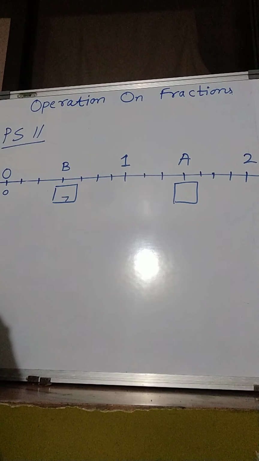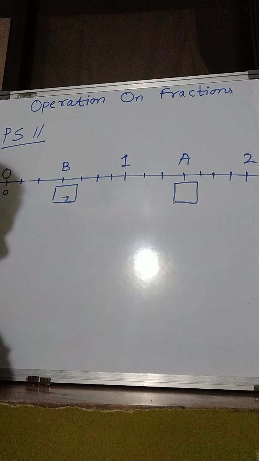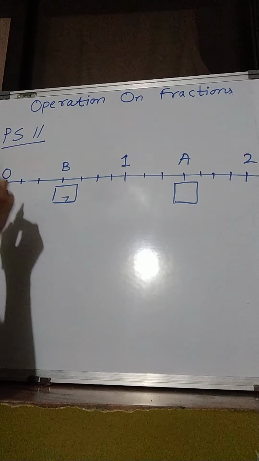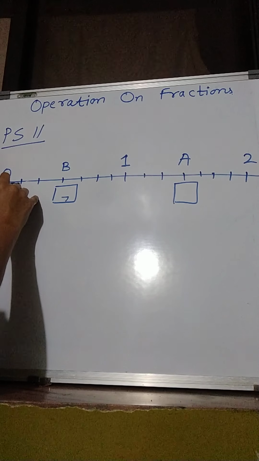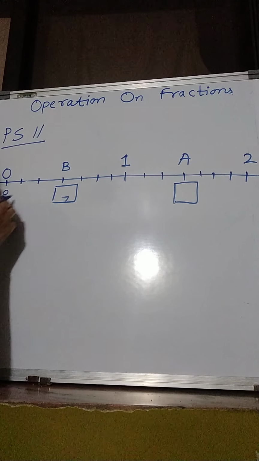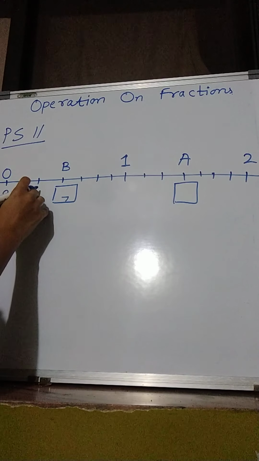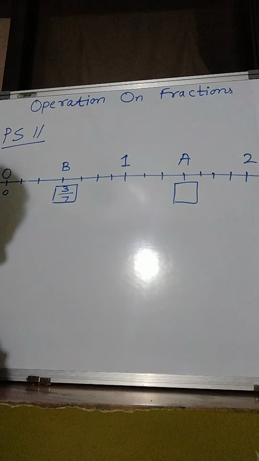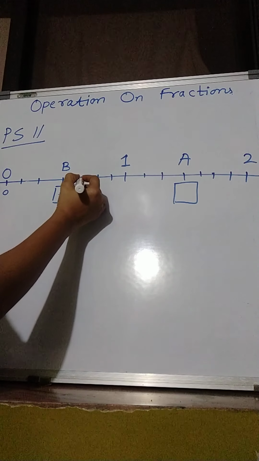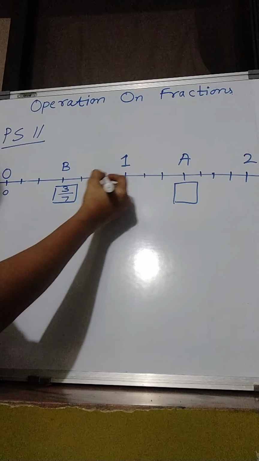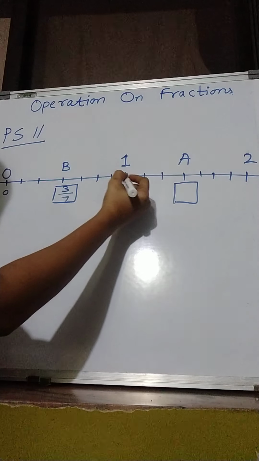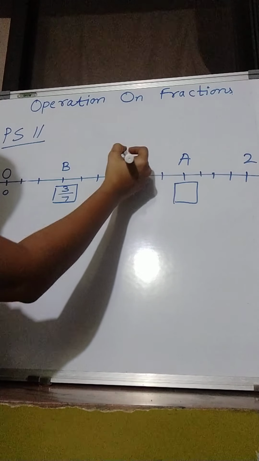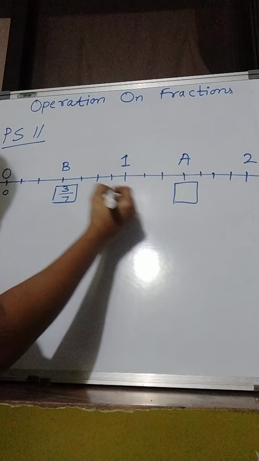Right? And the B letter is on which number? 1, because after 0, 1 is coming. 1, 2 and 3. So your answer is 3 upon 7. 4 upon 7, 5 upon 7, 6 upon 7, 7 upon 7, that is 1.